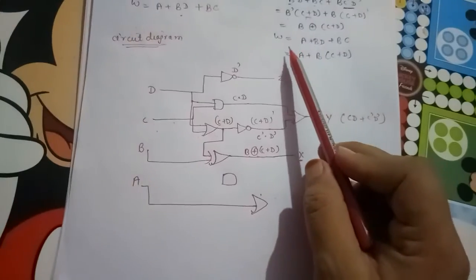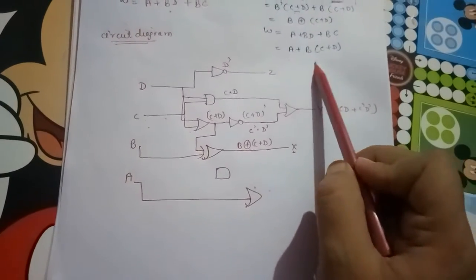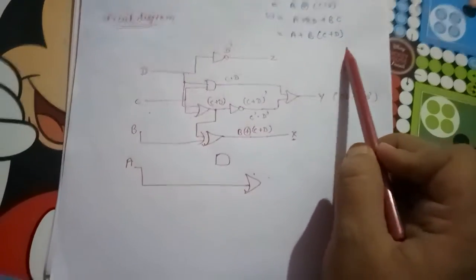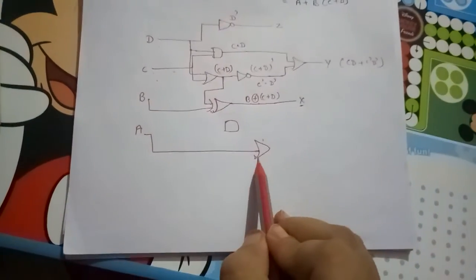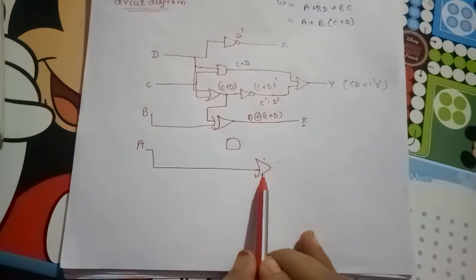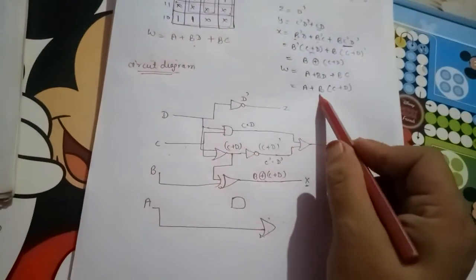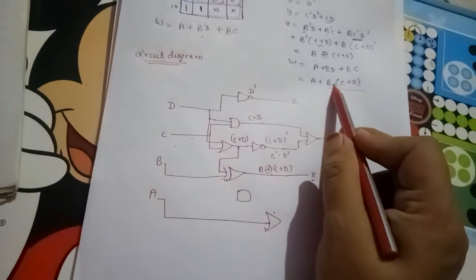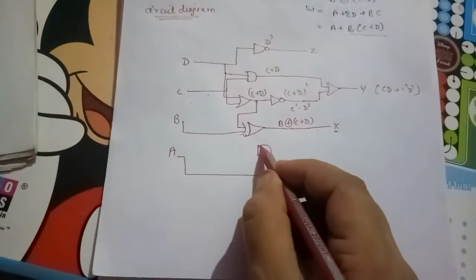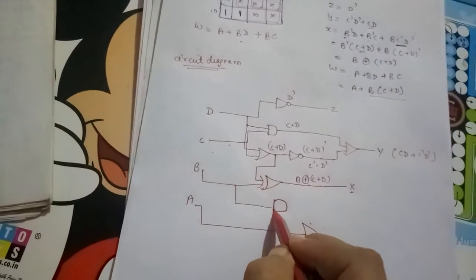So the last variable is W, and W is A plus B and C plus D. For this, firstly I have taken this OR gate. So the OR gate is here, A input is here, then it needs B, C plus D. So between these two variables we have an AND gate, so I have added an AND gate here and supply the input B to it.